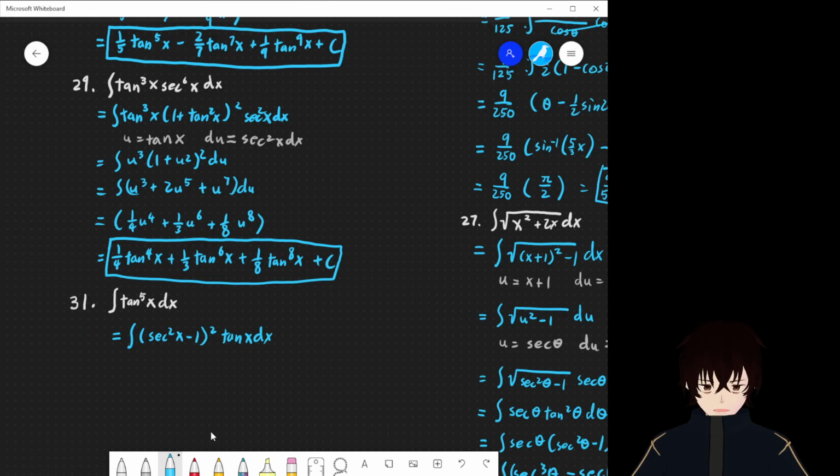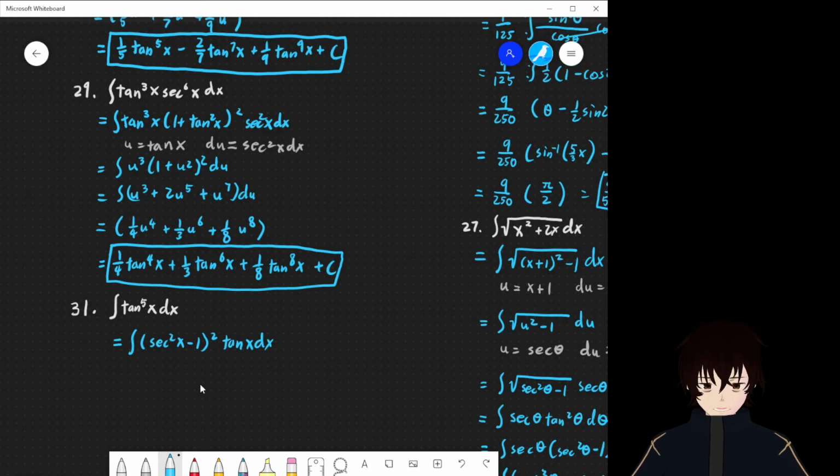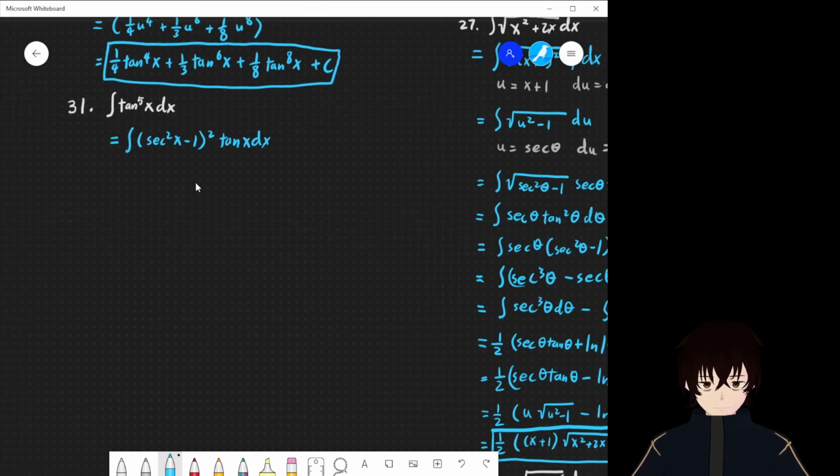Feel like there's a better way to do this that I'm not getting. But what else can we do with tangent aside from turning to secant squared x minus 1?